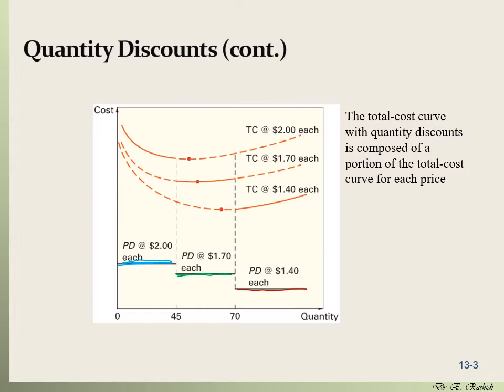So if you buy less than 45, this is going to be your total cost curve. If you buy between 45 and 70, this is going to be your total cost curve. If you buy more than 70, then this is going to be your total cost curve.